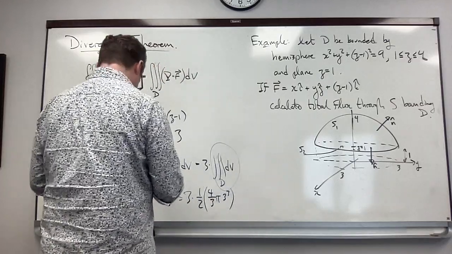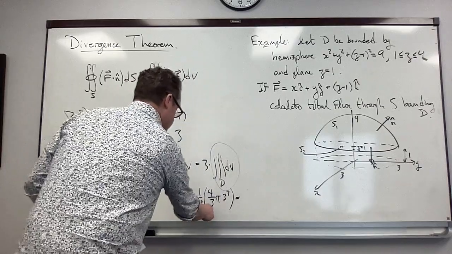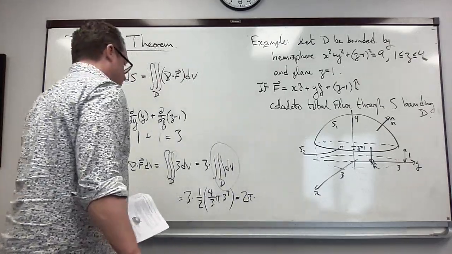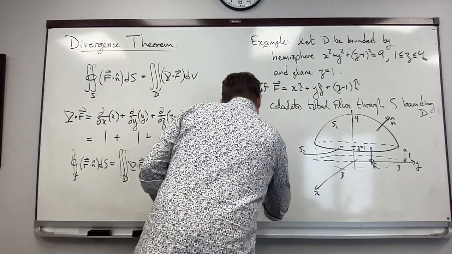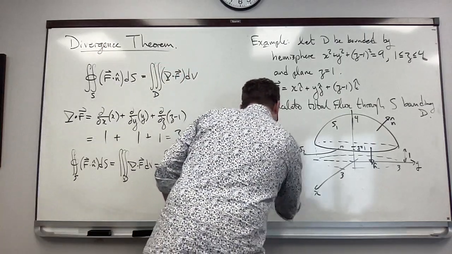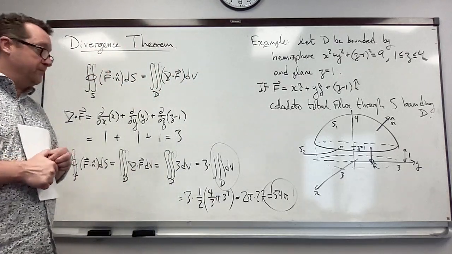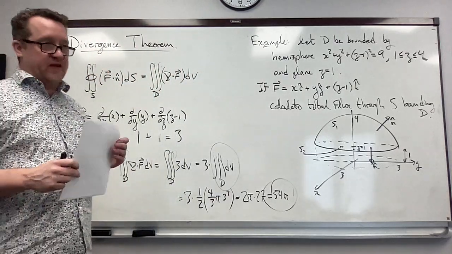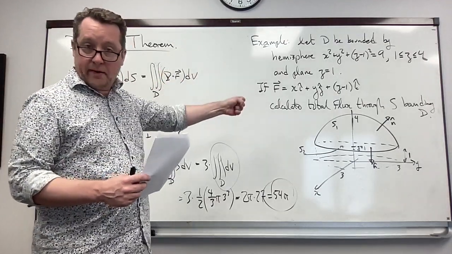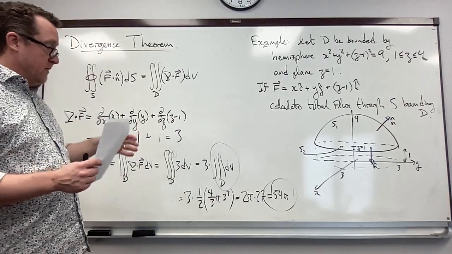So this just becomes, 3 cancels 3. This becomes 2 pi times 3 times 3 times 27. So this is 54 pi. That's the final answer. And it would have units of flux, so whatever units F has times meter squared, right? So, okay, super.